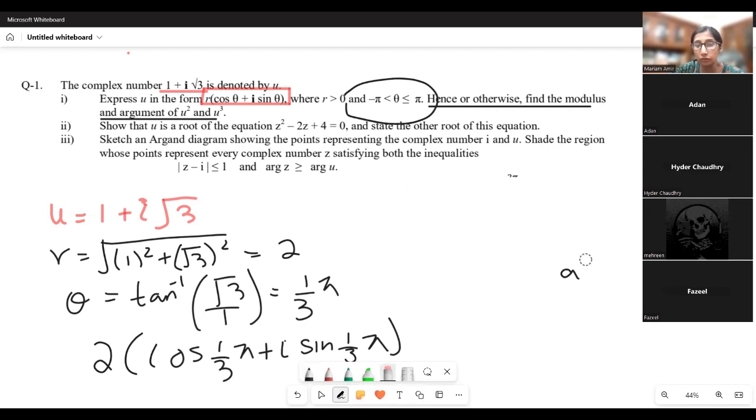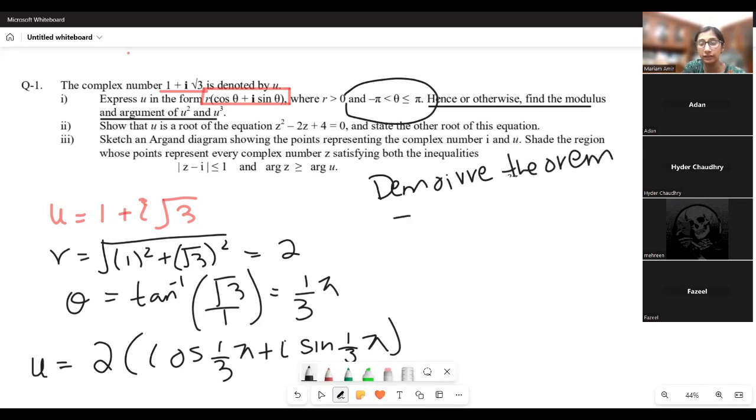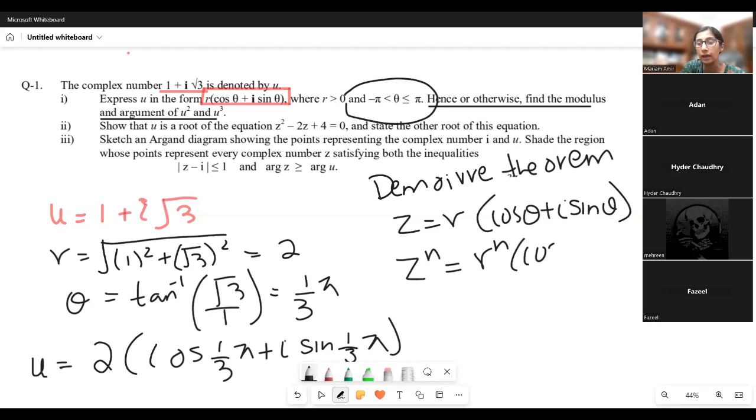How do we find the modulus of U square and U cube? Since we already have U in polar format, our job has been made much easier because we know De Moivre's theorem. Which is, if Z is R cos theta plus iota sine theta, then if it's Z power n, all you have to do is give the same power to R and multiply that power with theta.